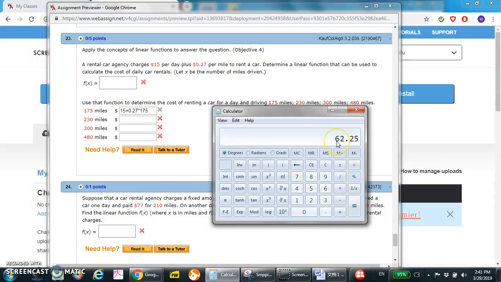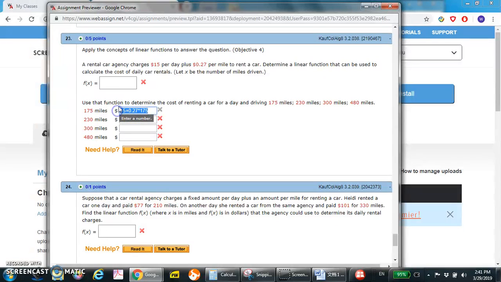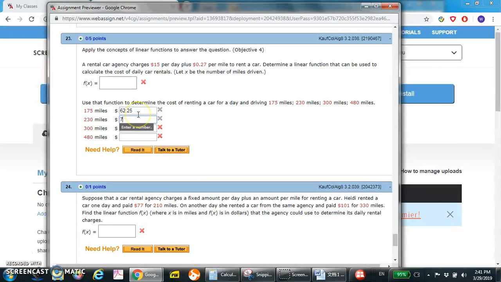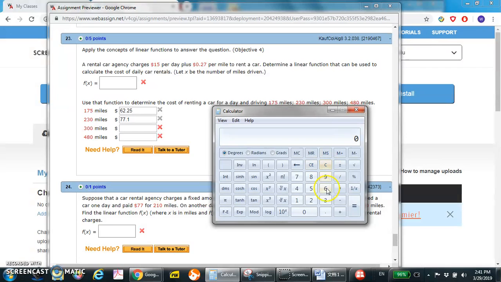So you are going to pay $62.25. And if you drive 230 miles, you will pay 15 plus 0.27 times 230. So you will pay $77.1.